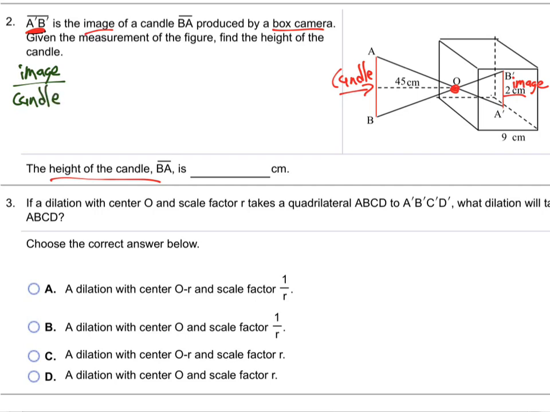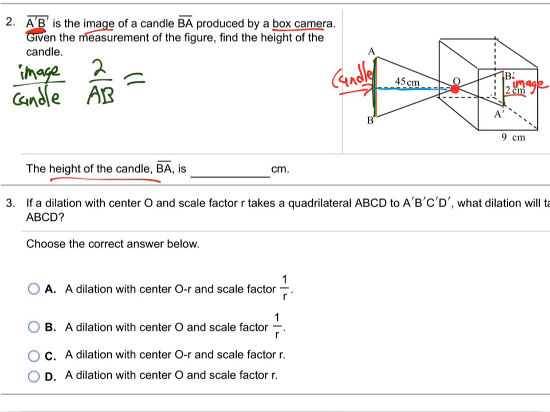So the 2 is the image of the candle. That's the image of the candle that's displayed on the back of the box. And here's the actual candle height. Let's just call it AB. That's got to be equal to what? Well, do you see this 45 right here?